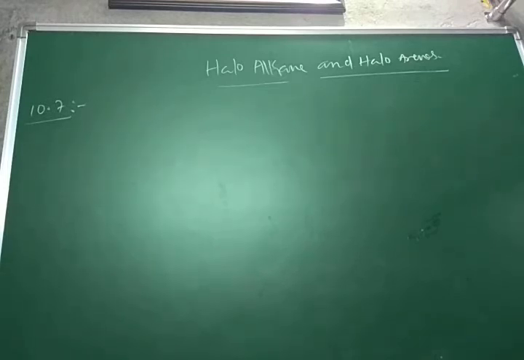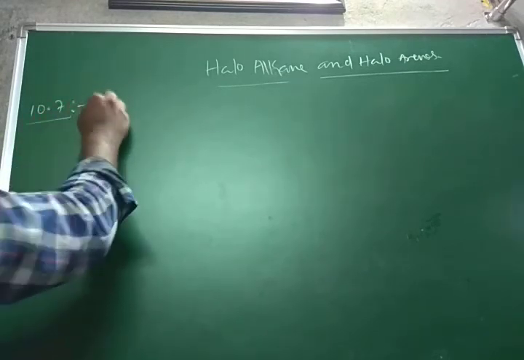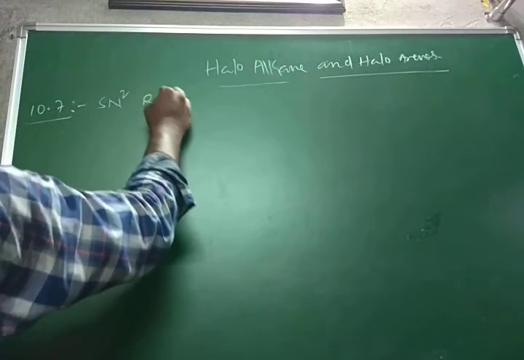In the first question two options are there, in the second question two options, and in the third question also two options. In this, first we identify the SN2 reaction mechanism.